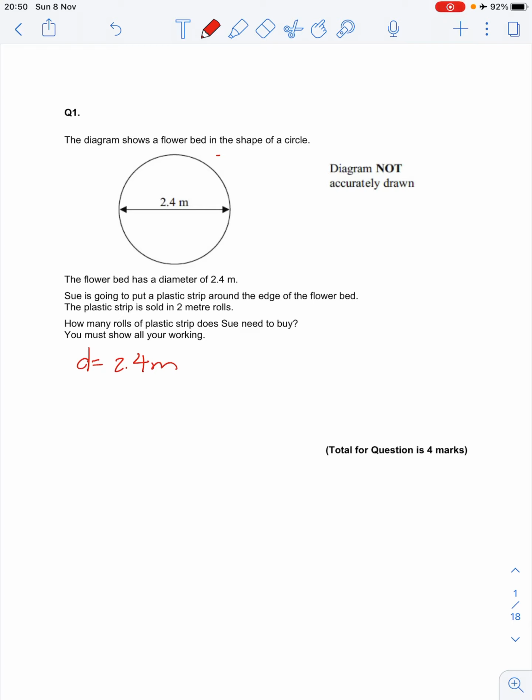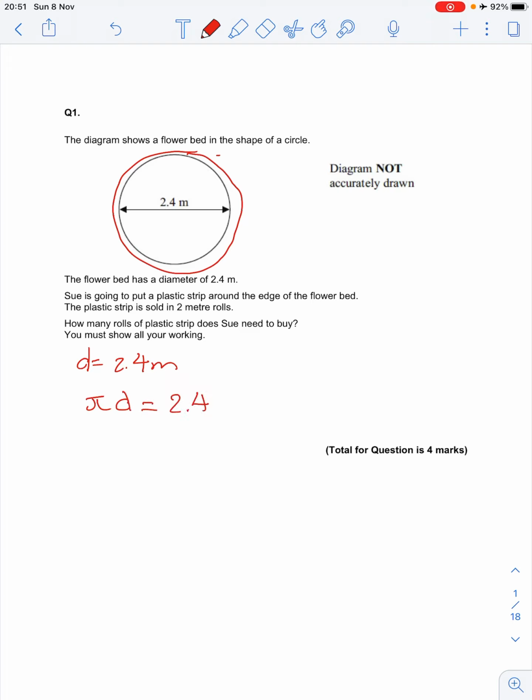So she's putting the plastic strip around the outside. So this means we want to find the circumference of the circle. Remember the formula for circumference is pi d.